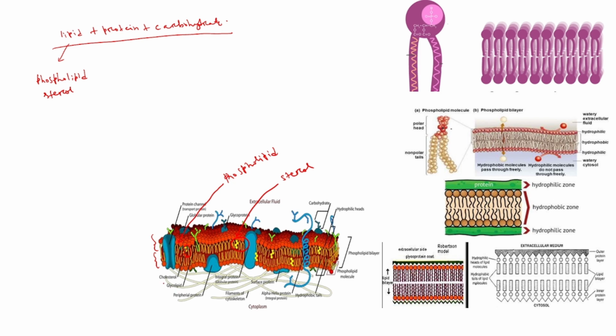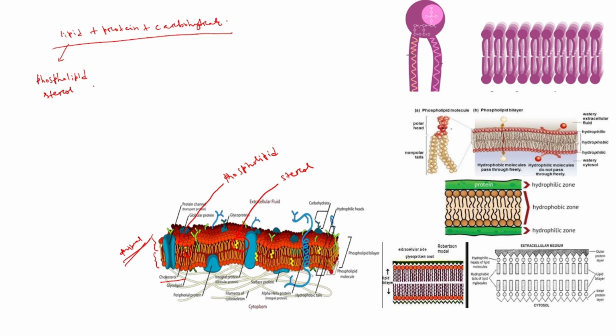Here it is called cholesterol. Why is it called cholesterol? Because this is an animal cell. In animals, the sterol is called cholesterol. If it is a plant, the sterol is phytosterol. If it is fungi, the sterol is called mycosterol.